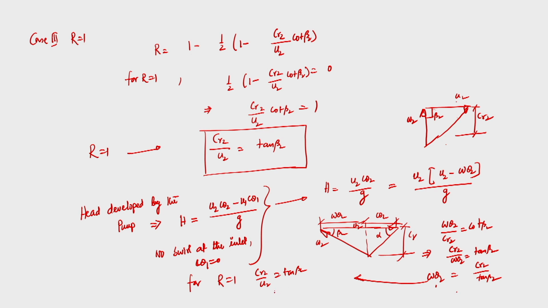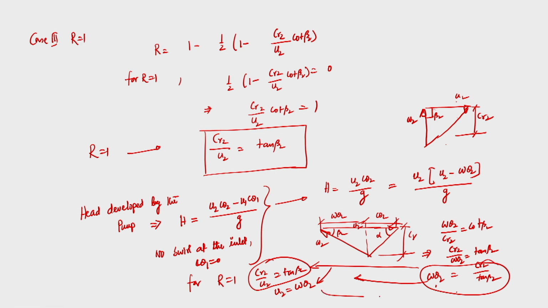So, U2 is equal to W theta 2. If I plug in this value, then H is equal to U2 into U2 minus U2 by g, that is equal to 0.